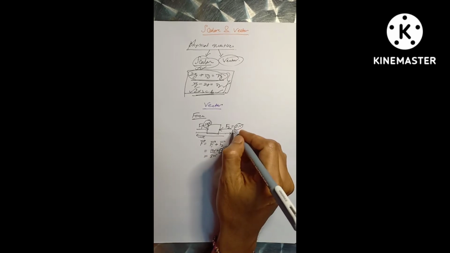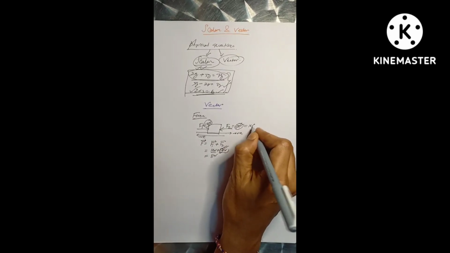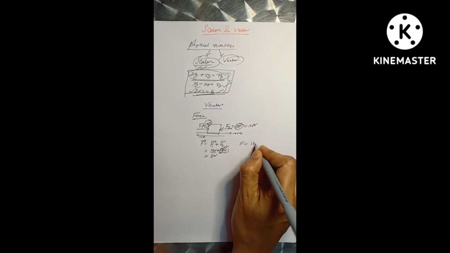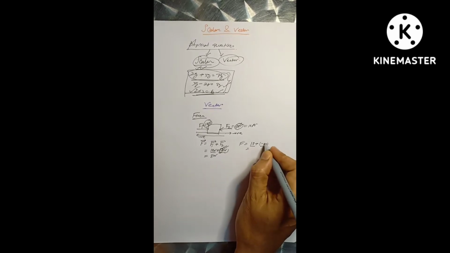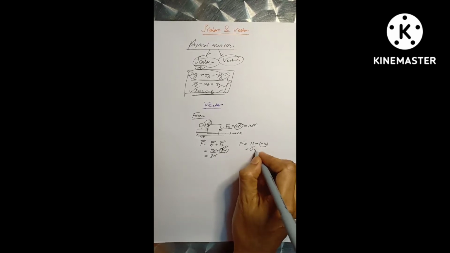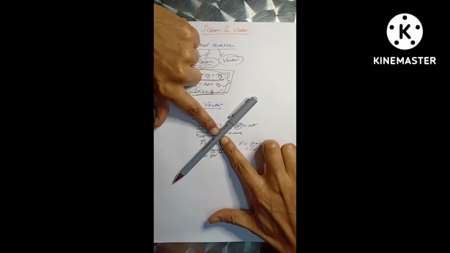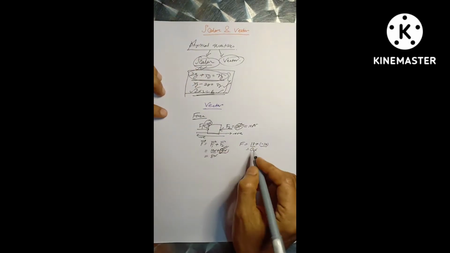If F2 equals 10 Newton, then in this case the resultant force is 10 Newton plus minus 10 Newton. Then 10 plus minus 10 will cancel each other, giving 0 Newton. That means these two equal and opposite forces cancel, so the resultant force is 0.